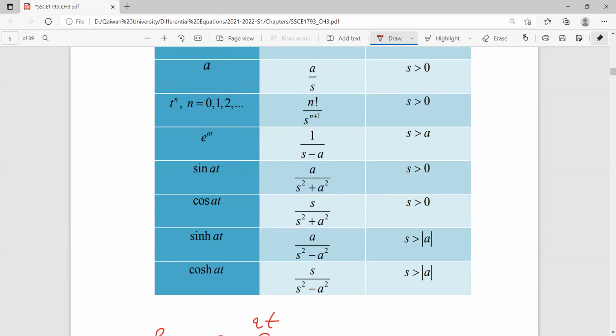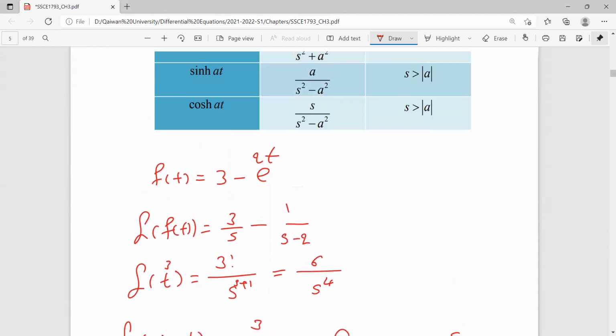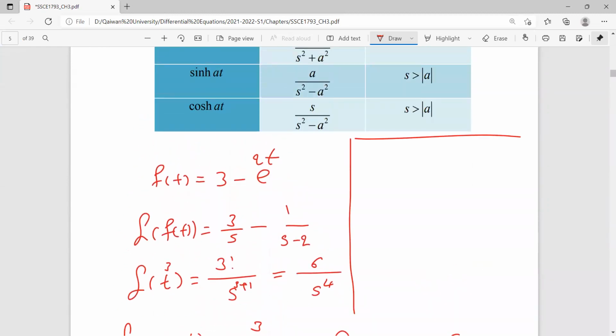So if the sign between s and a is negative, let's take an example. The Laplace transform of sine hyperbolic of 2t, it equals to what? Equals a divided by s squared minus 4. A here is 2.